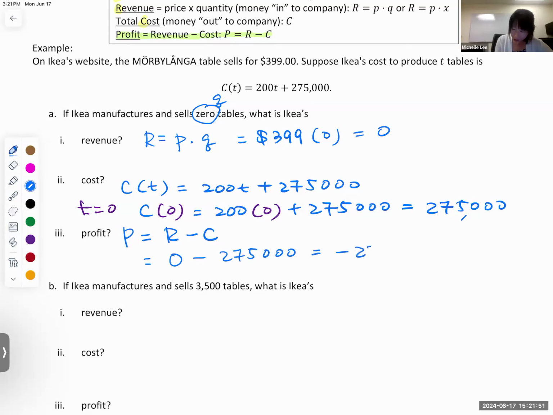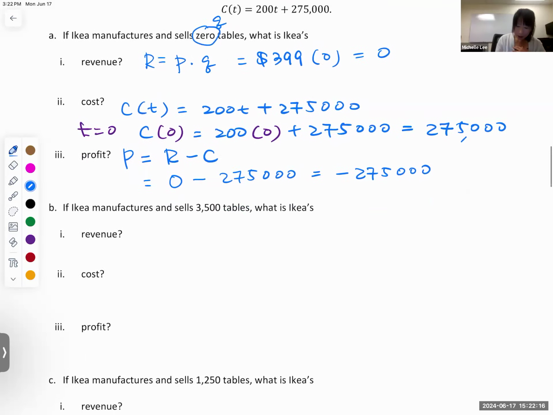That is negative 275,000. So if they don't sell any table, they don't make any money. Actually, they're losing money, $275,000, right? Okay, let's move on.